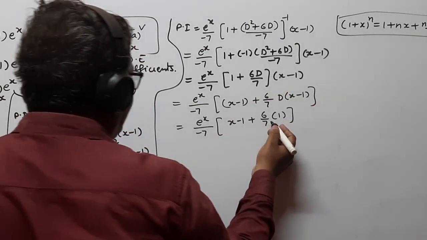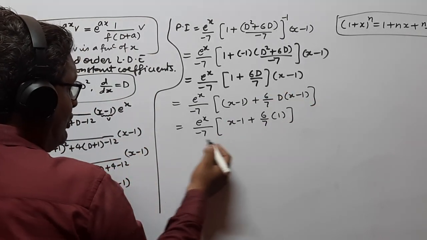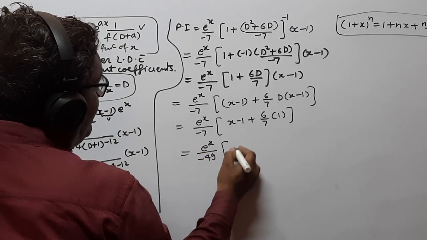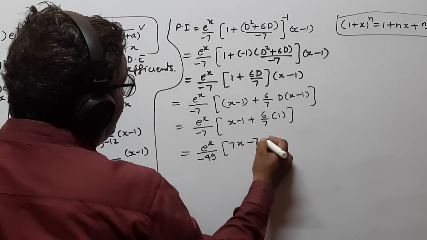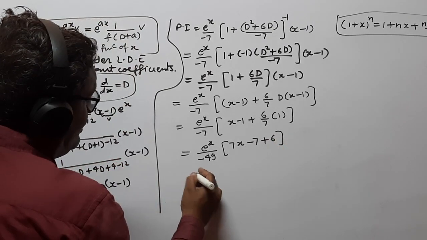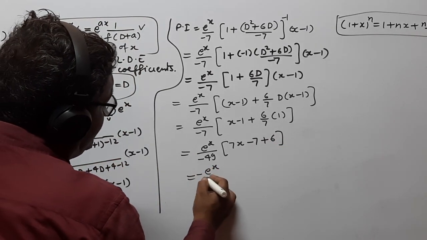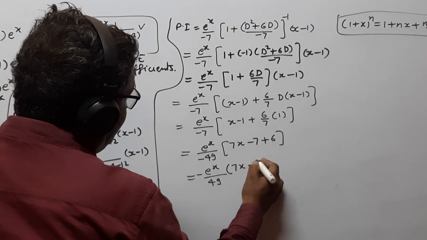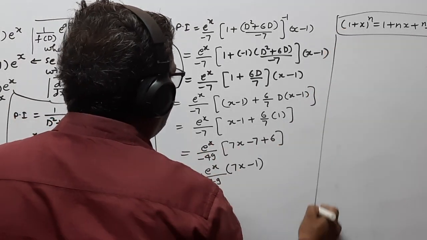So this is 6 by 7. Now we take common 7 here. So we get minus 49 and we get 7x minus 7 plus 6. So this becomes minus e to the power x divided by 49 times (7x minus 1).